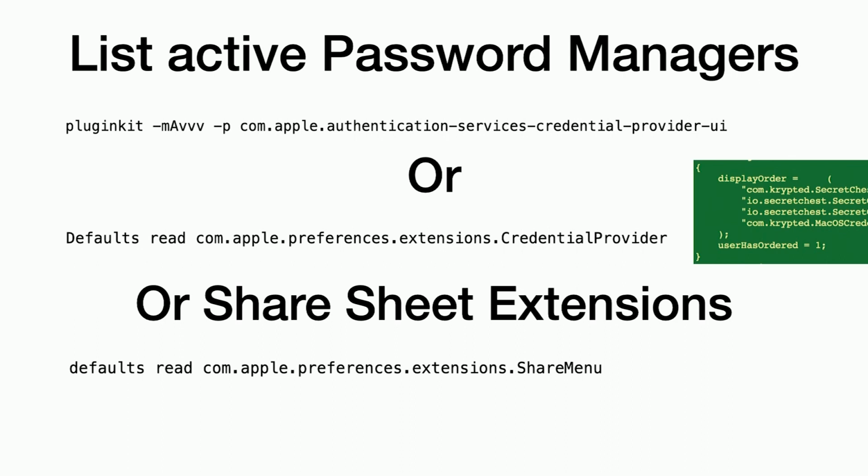If I'm an admin and I have certain security requirements, I want to know all of these things. These are a lot of variants of the plugin kit command, or the sysext commands. If you notice here under credential provider, defaults read, wait, this is actually in a property list in preferences too.